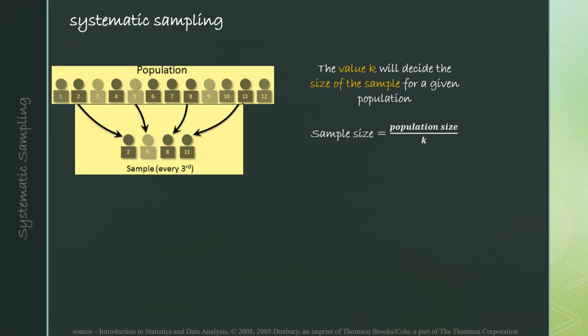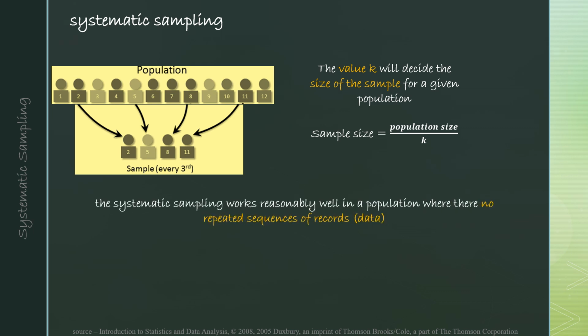The value k will decide the size of the sample for a given population. Sample size equals population size divided by k. Value k is altered to arrive at the right sized sample.